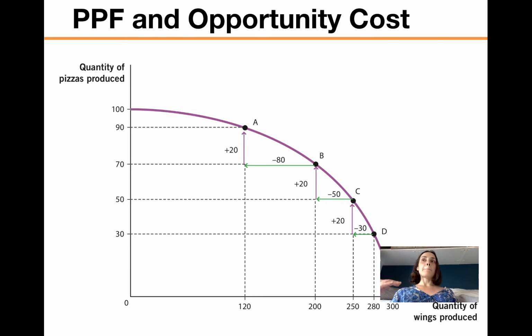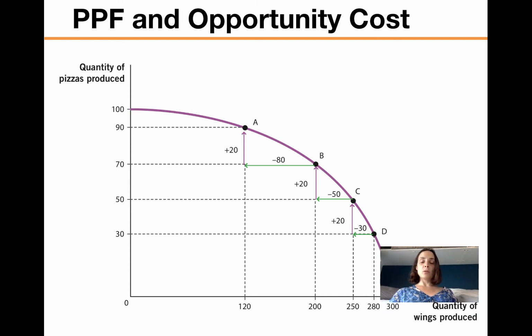So this is something we're gonna learn a little bit later in the term, and when we learn that term and specifically what it means, we are going to come back to the PPF and talk about it again. Okay, so here what we have is the principle of increasing opportunity cost. As we specialize more in producing a specific good, the quantities of the other good that we have to give up will gradually increase. Okay, so that's the idea.